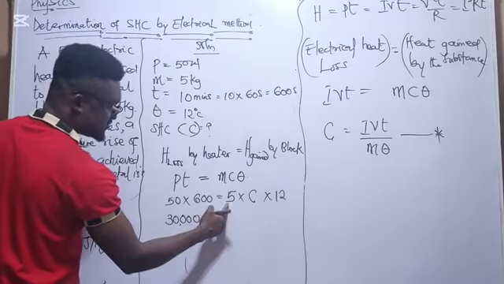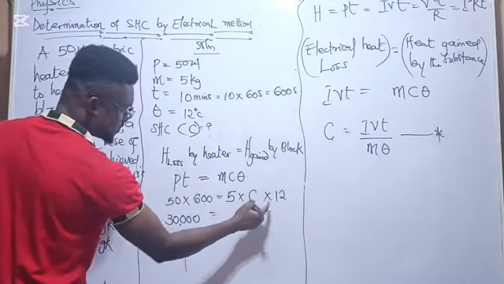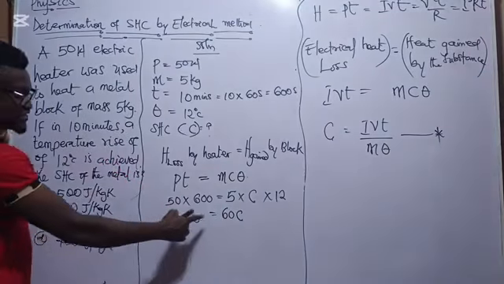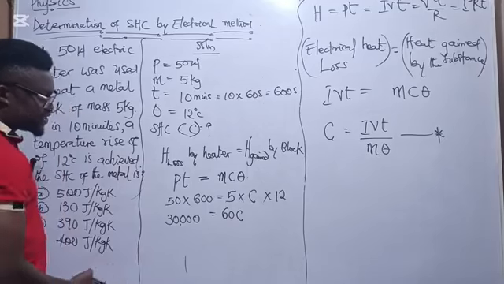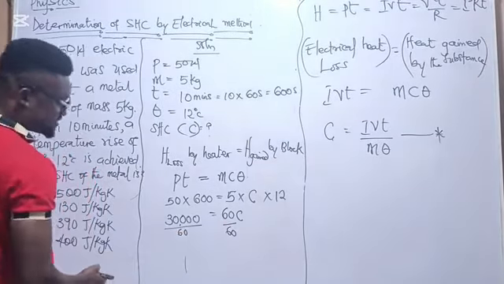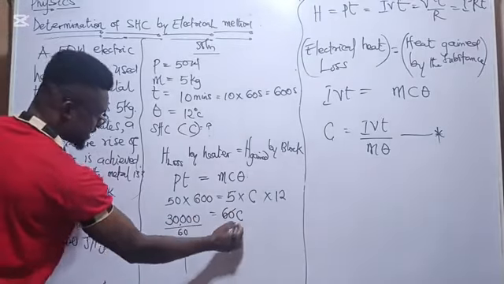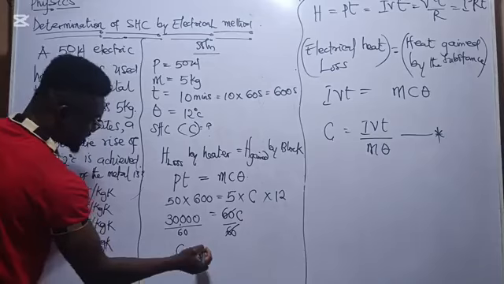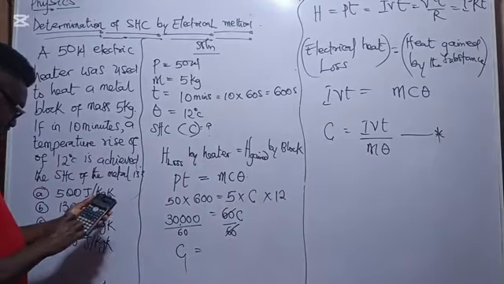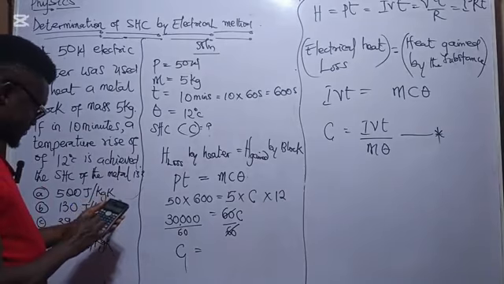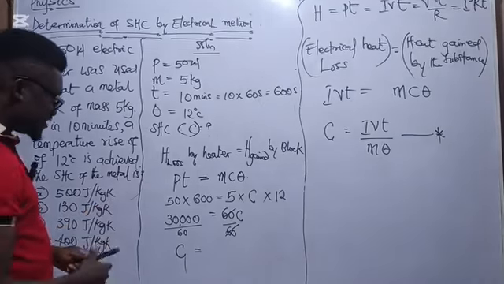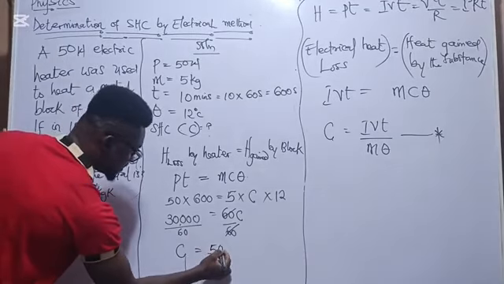So we have 5 times 12, which will give 60 times C. In order to get the value of C, we divide both sides by 60. So we cancel 60. Our specific heat capacity will now be 30,000 divided by 60, which is going to give 500.